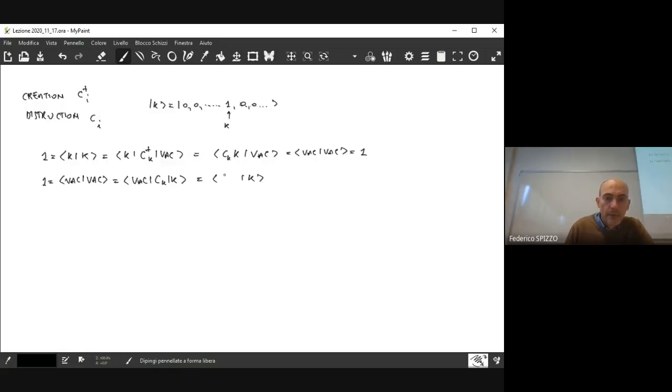And K on the bra can be expected to be obtained if you apply C cross to vacuum. So due to that, again, you may consider that the cross formalism is used because the destruction and the creation operators are one the adjoint of the other.